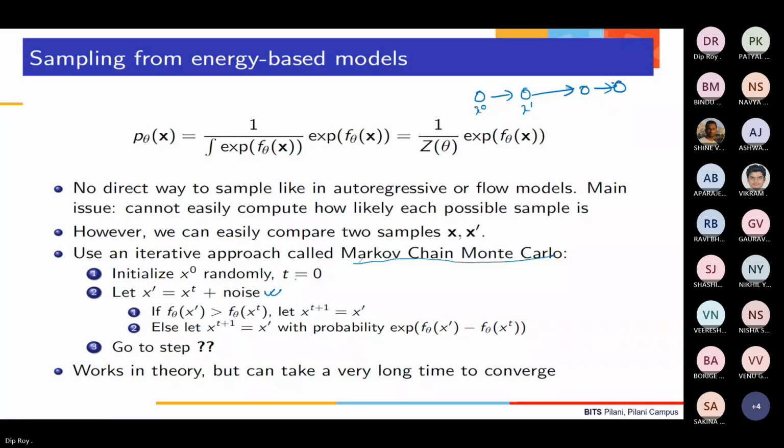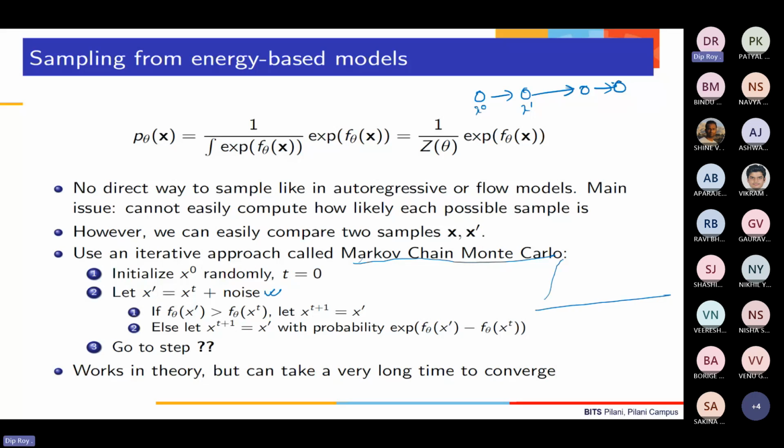I just add some noise to the current sample and try to go to the next step. And how does it help? It helps because you know the functional form of the energy function.